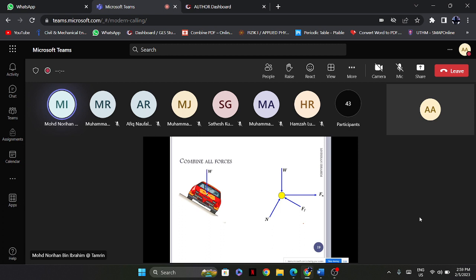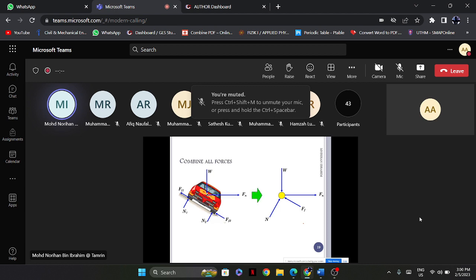And this one is the combination of all forces. Let's say we have a vehicle which moves along this inclined plane in a circular path of motion. So this vehicle will have the forces, as you can see here. We have W, which represents weight.